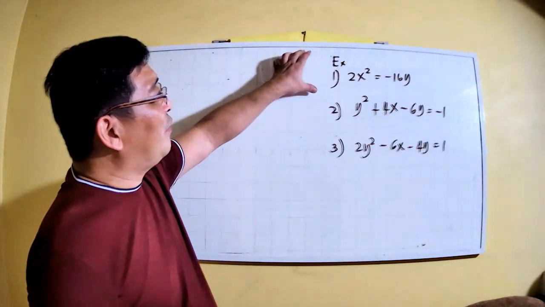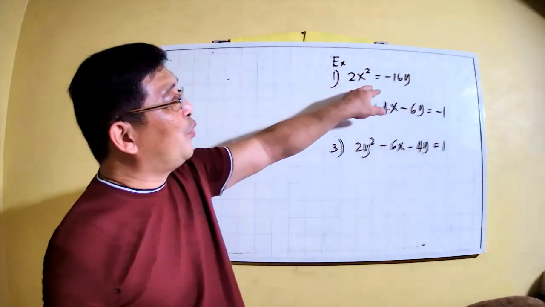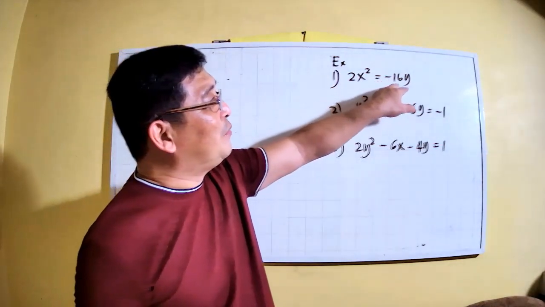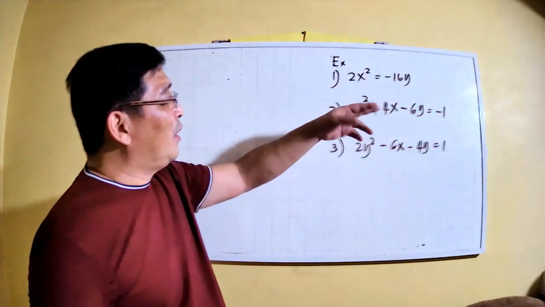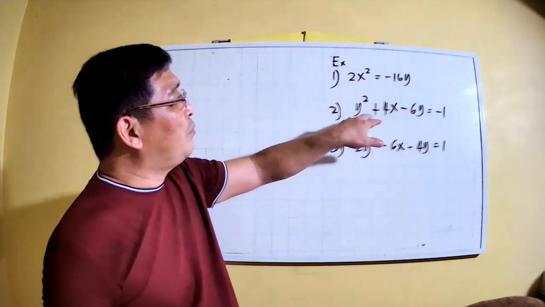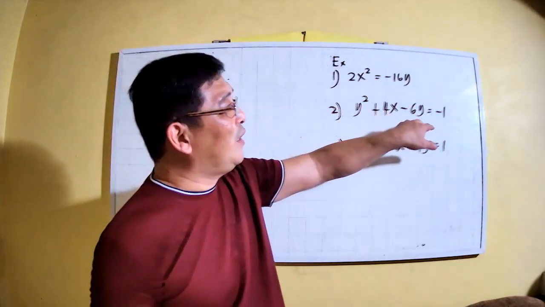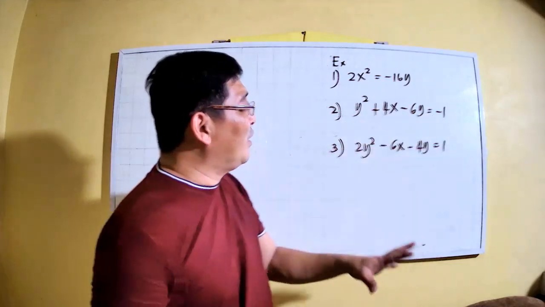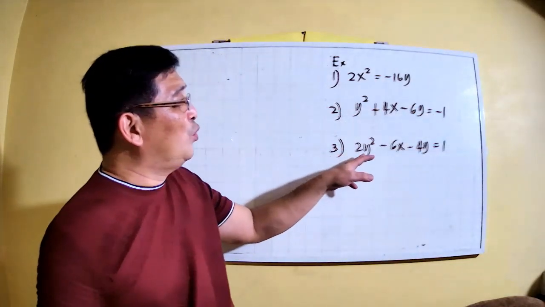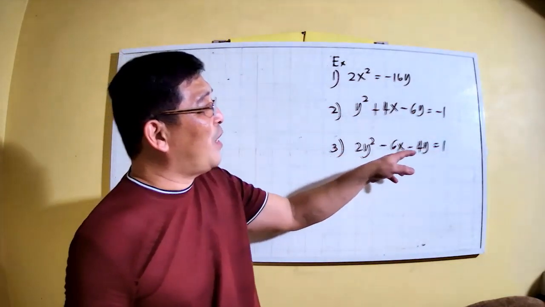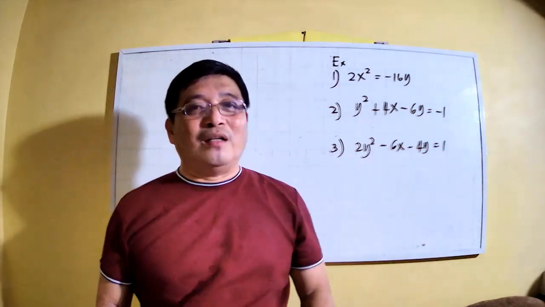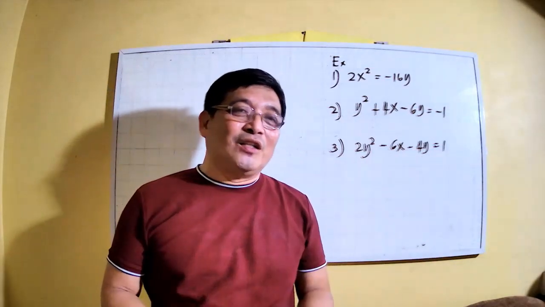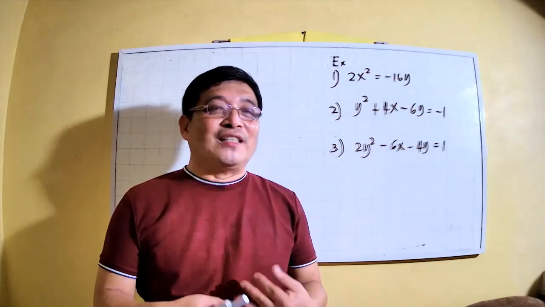Number 1 example, we have 2x squared is equals to negative 16y. And number 2, y squared plus 4x minus 6y is equals to negative 1. And number 3 example, 2y squared minus 6x minus 4y is equals to 1. So hanapin natin yung vertex, yung focus, yung value ng C.